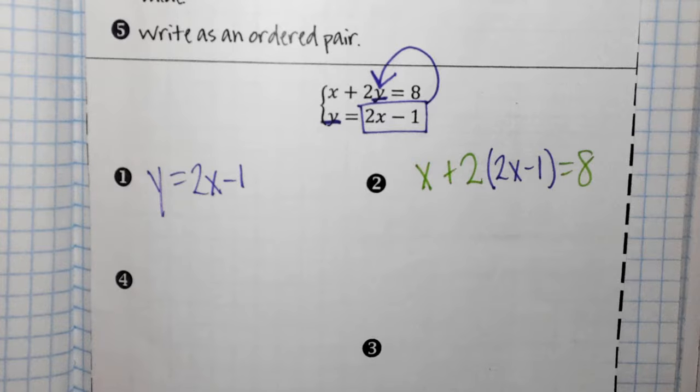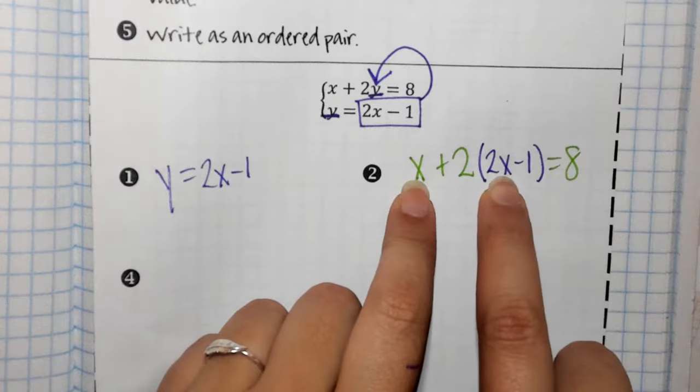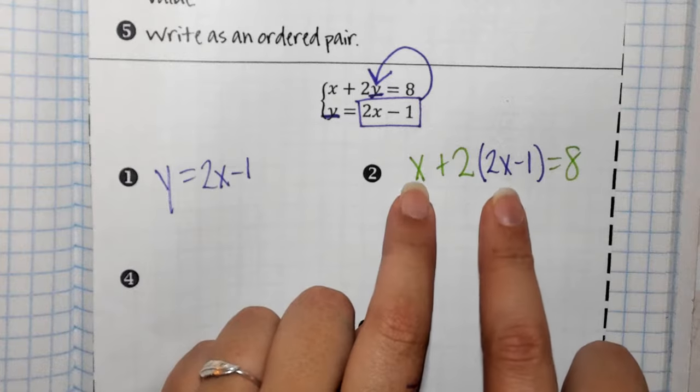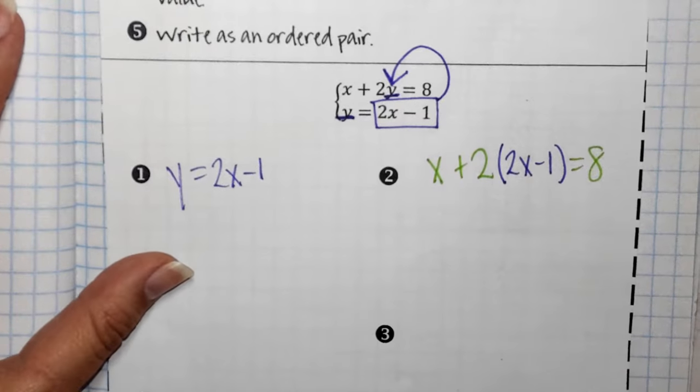Because y equals 2x minus 1, that's what I replaced y with. Now, why did I not plug it in for x? Because it doesn't say x equals, right? It just says y equals. Now, the way you can check it is at this point, make sure you have the same variable here. They're both x's, so we did it right. Now we solve. Step 3, solve.